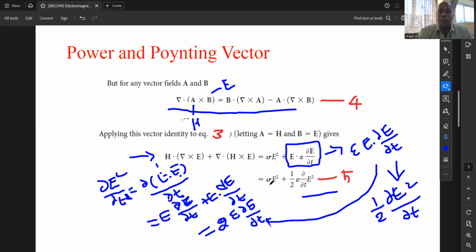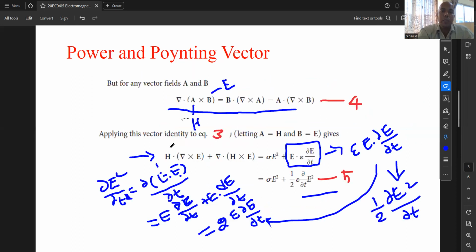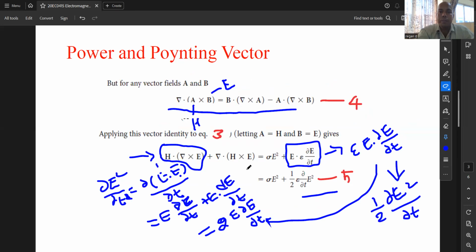If you substitute these things into equation 5, here we get sigma E square plus 1 by 2 epsilon dou E square by dou T. The same here from equation 6 substituted: minus mu by 2 dou H square by dou T. And plus del dot H cross E. I'm reversing this, H cross E, rearranging it as E cross H, so that it becomes minus.